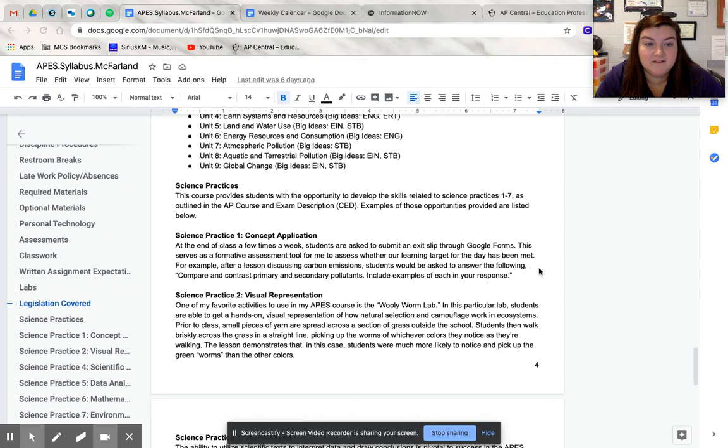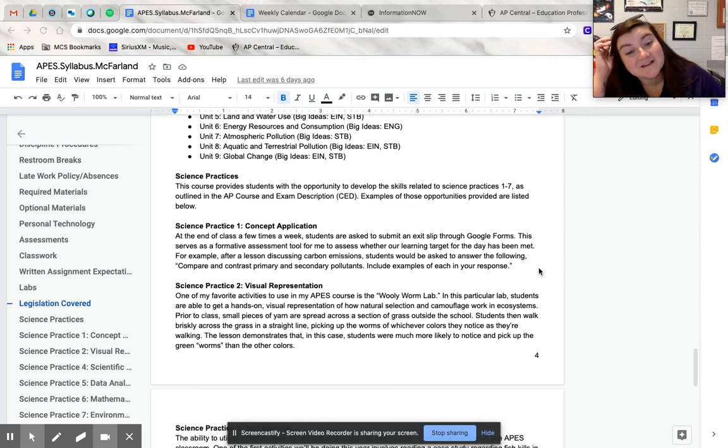Those are listed. So the rest of this, they call them science practices. So it's basically different science-rooted skills that they want you guys to have before you leave this course. And so what I needed to do for the AP board was give examples of activities that I do in class that meet each of those, what are they, 7 science practices.